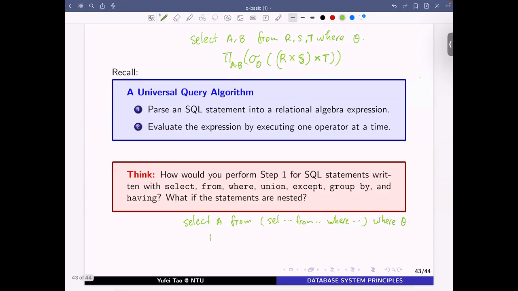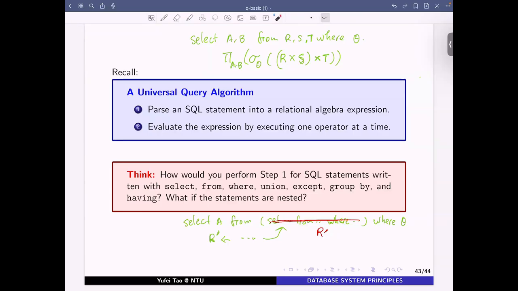So you'll be getting an R prime from the expression corresponding to the inside part, and then after that, you can conceptually replace this part with R prime, and then you have converted a nested statement to another statement, and this statement is not nested, right?